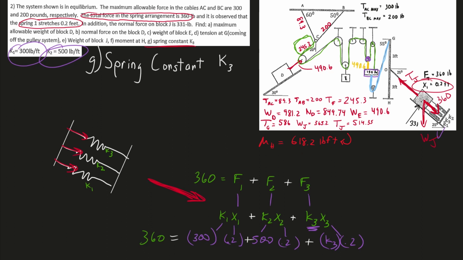Walk through the steps. Talk it over with yourself. Because if you know the ins and outs of that story, that derivation, you can easily step through these tricky spring scenarios that they're going to throw at you on these exams. And we'll get K3 as 1,000 pounds per foot. And there is our final answer right there.